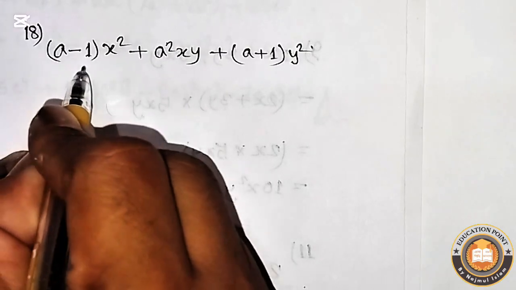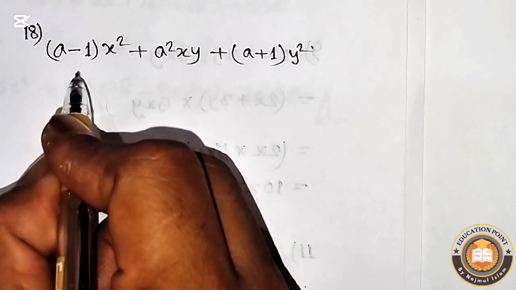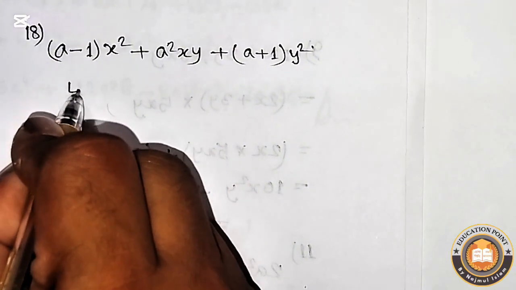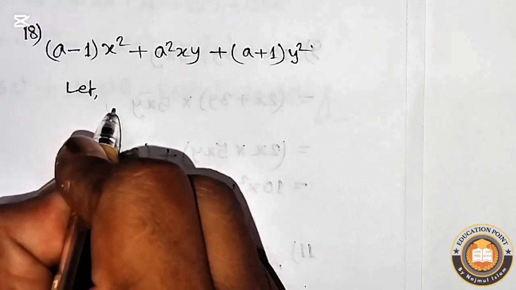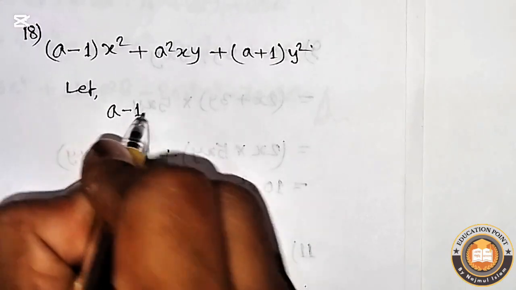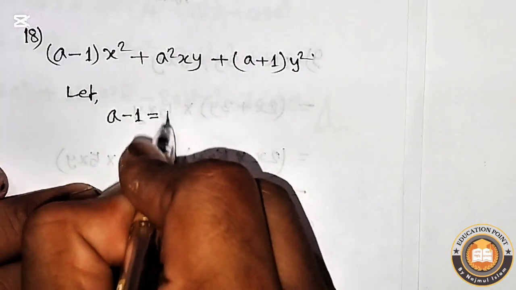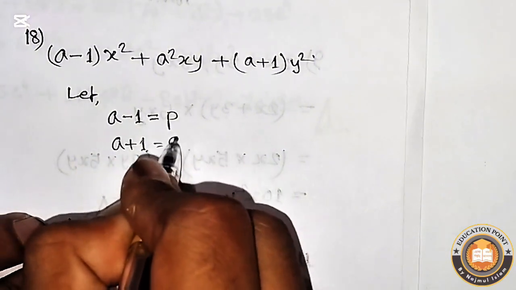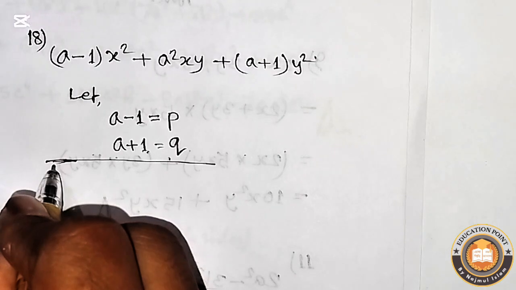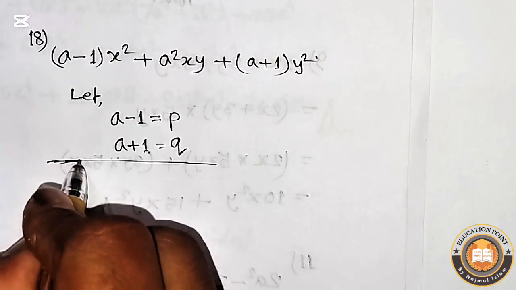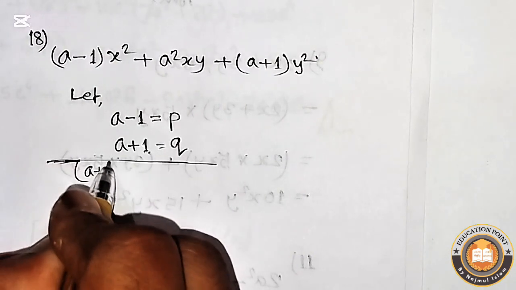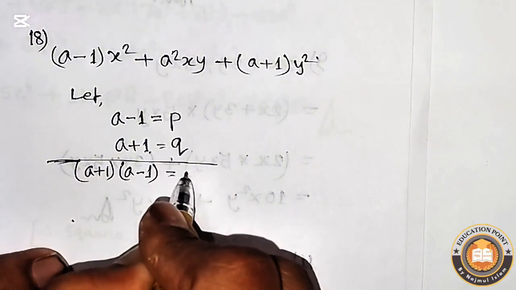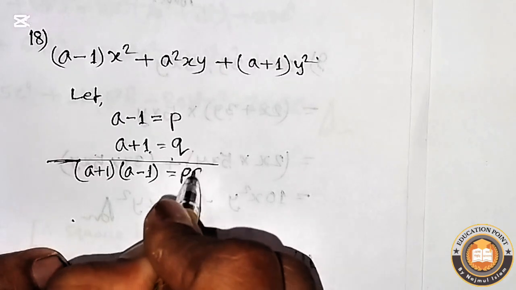Number 18: (a minus 1) x square plus a square xy plus (a plus 1) y square. Let a minus 1 equal p, a plus 1 equal q. Here we will apply multiplication rules. a plus 1 into a minus 1 equal pq.